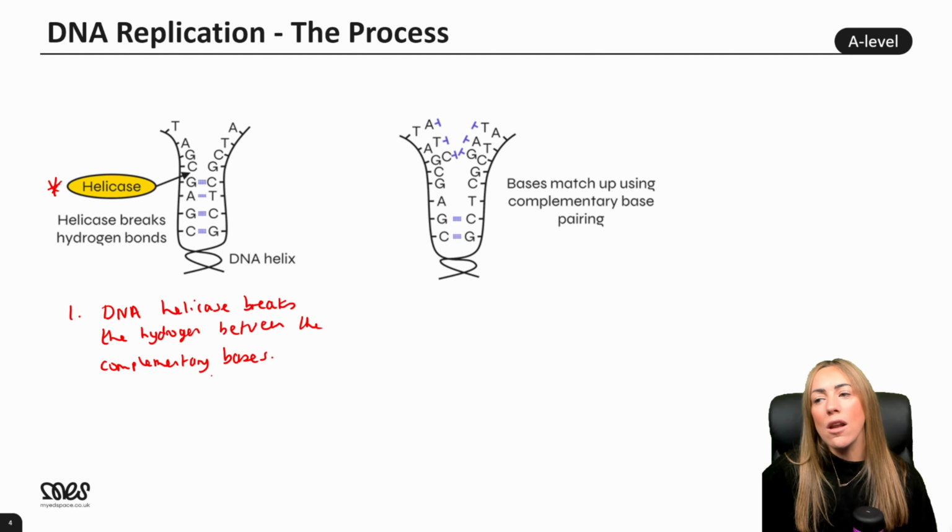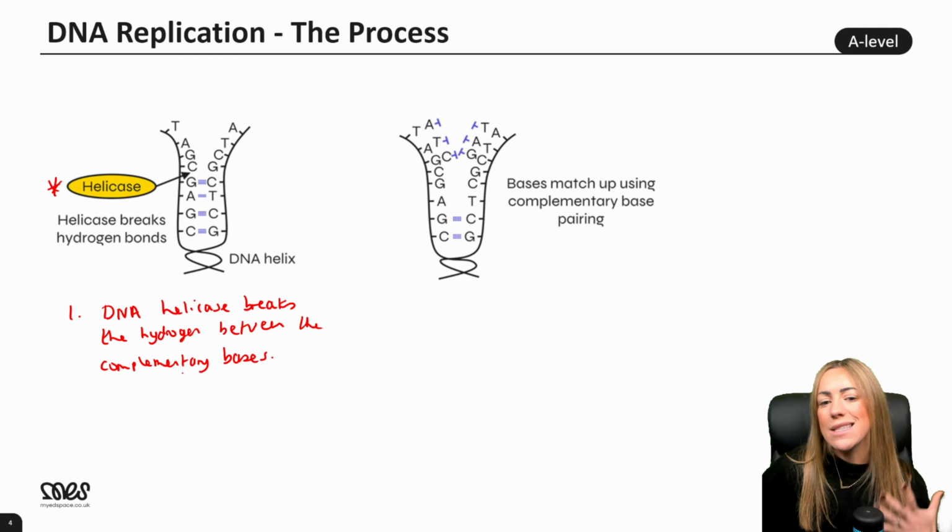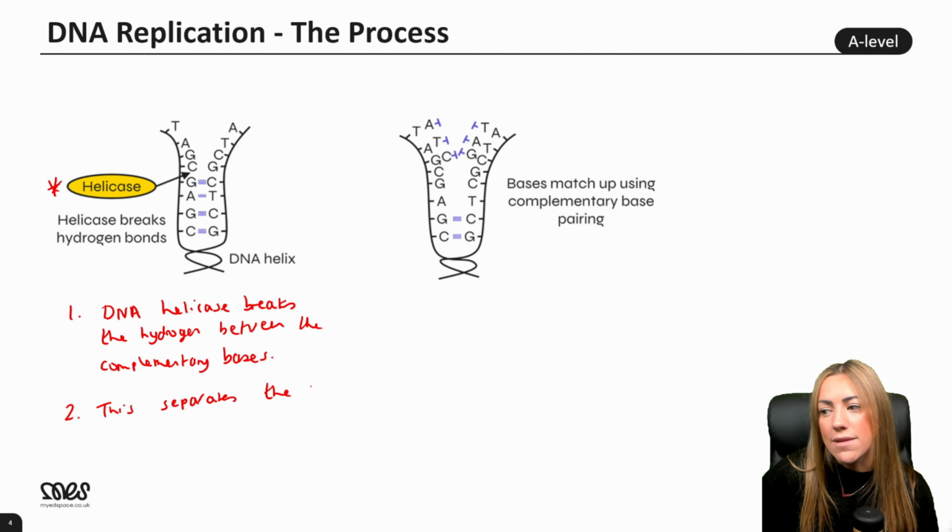It moves along the DNA, breaking those hydrogen bonds, which do break quite easily because they are weak intermolecular forces. Breaking those hydrogen bonds between the complementary bases separates the 2 strands, or unwinds the DNA to separate the 2 strands.